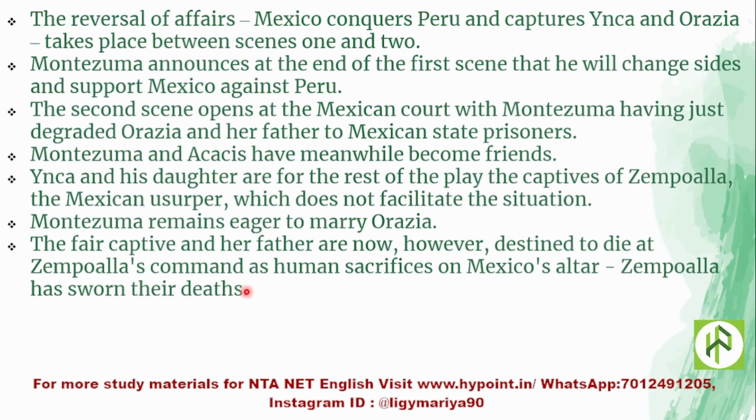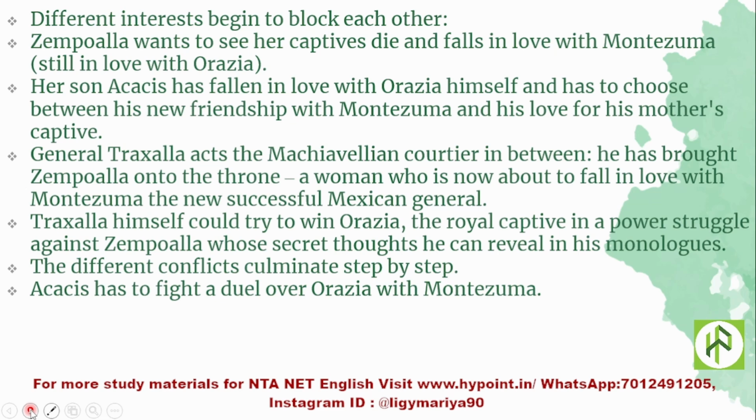Zempolla believed in human sacrifices, and even though Montesma wanted to marry Orazia, a horrible death awaits on the Mexican altar. Zempolla commanded a human sacrifice of both these persons on Mexico's altar.